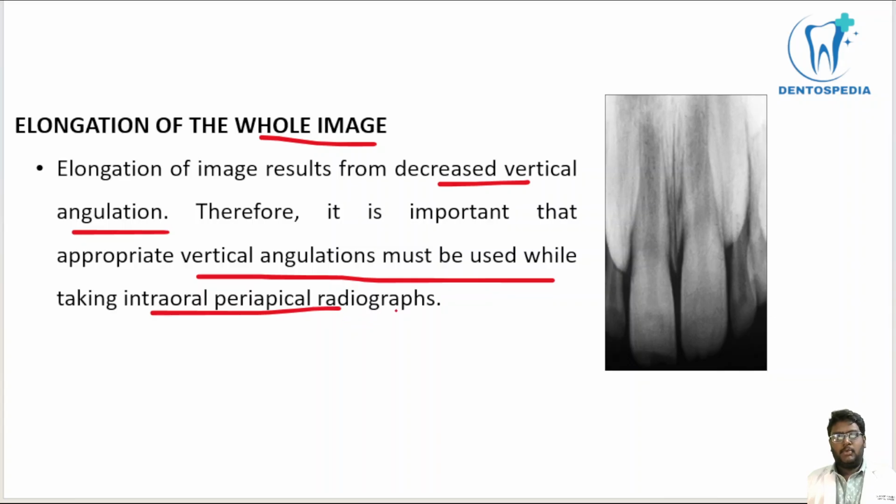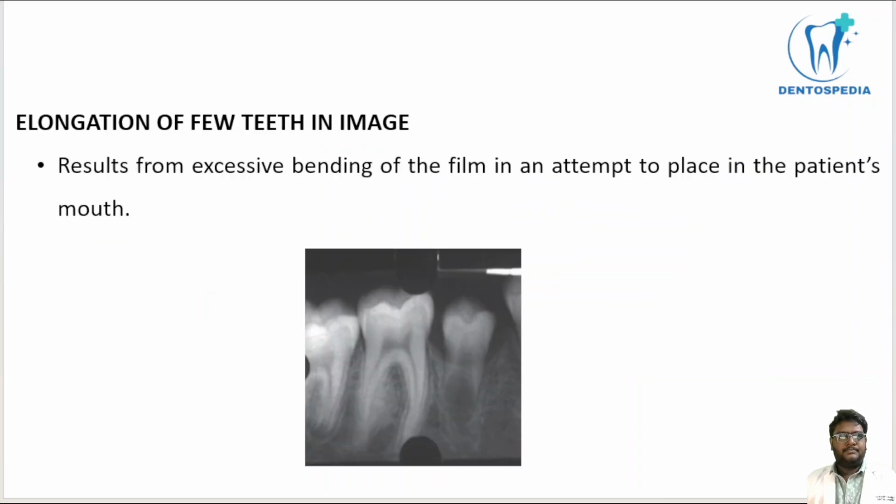So we have discussed vertical angulations in the bisecting angle technique, right? There are certain angulations for different areas of interest, for instance, some kind of angulation for canines. If we don't maintain that protocol, we will get elongation in the images, right? And elongation of a few teeth.